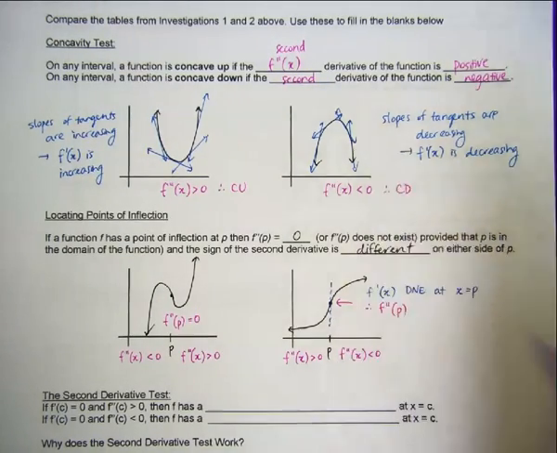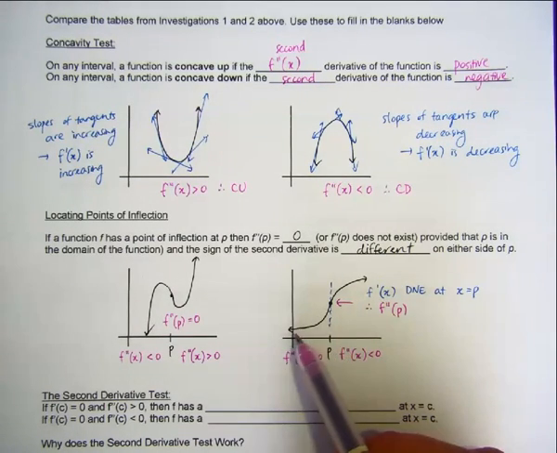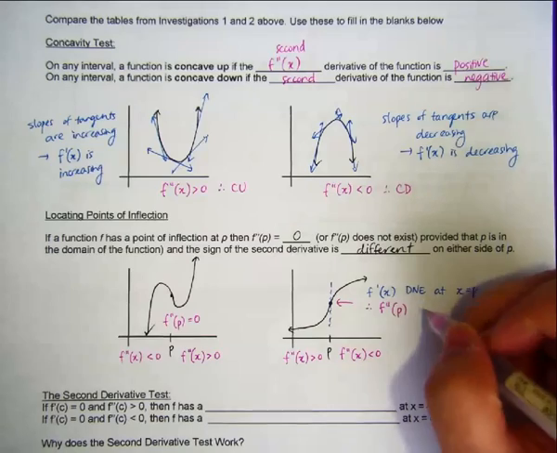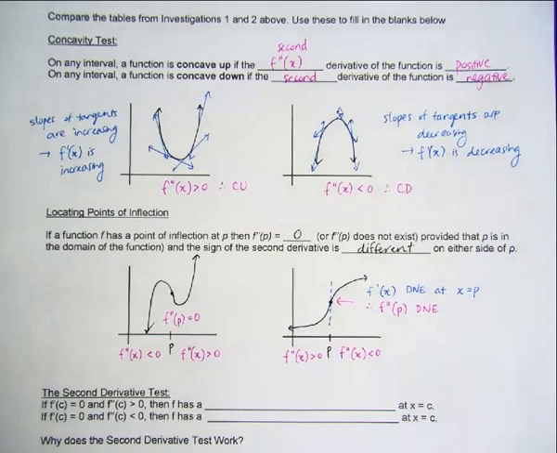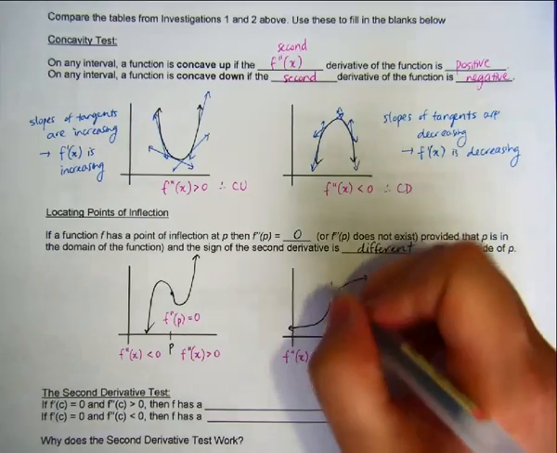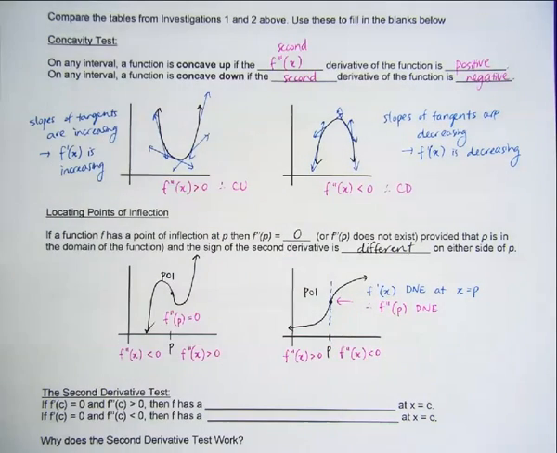So even though x equals p is in the domain of the original function, the second derivative does not exist. And on either side of p, the sign of the second derivative changes from positive to negative. So that's how we know that we have a point of inflection. POI, remember, for curve sketching unit, does not stand for point of intersection. It stands for point of inflection.